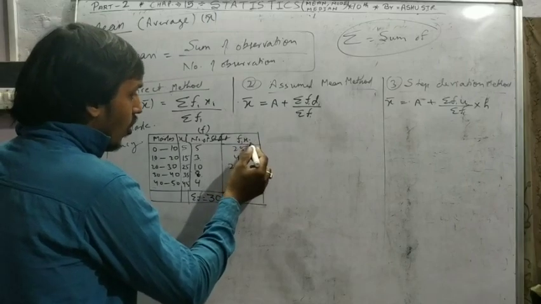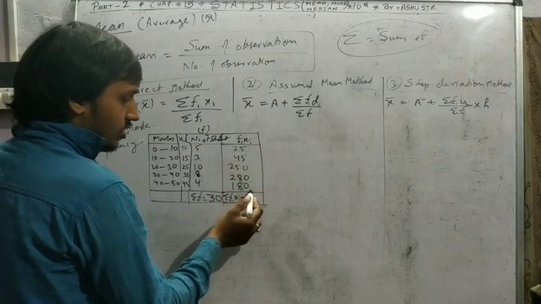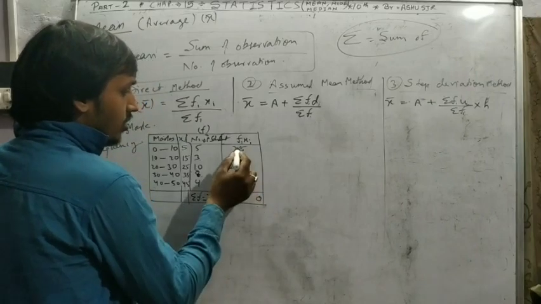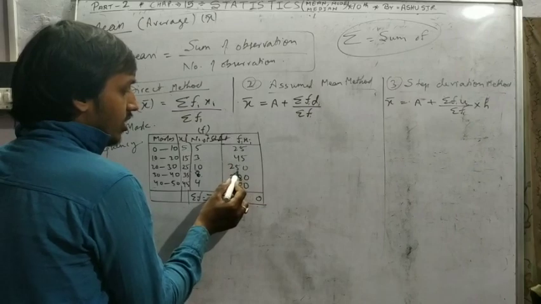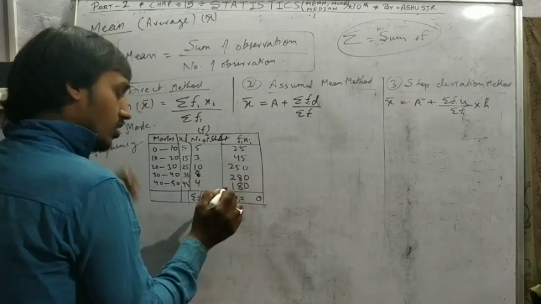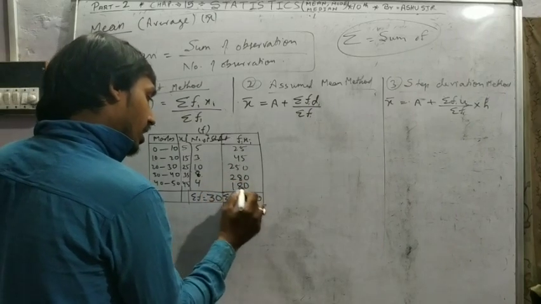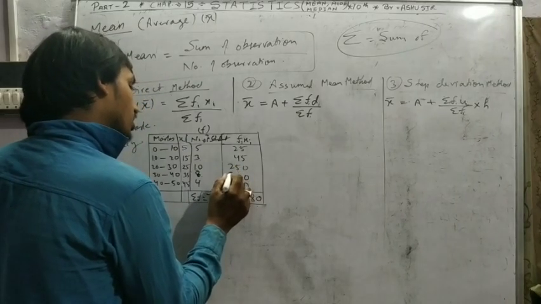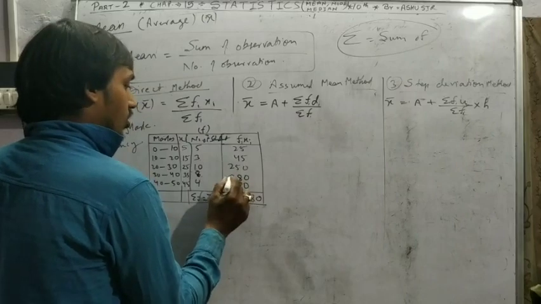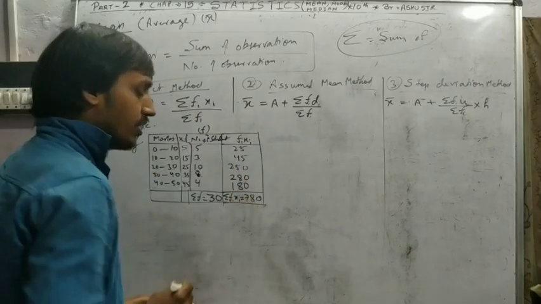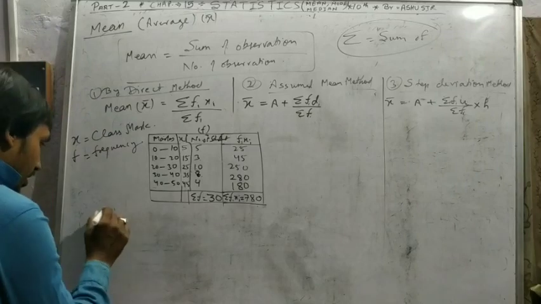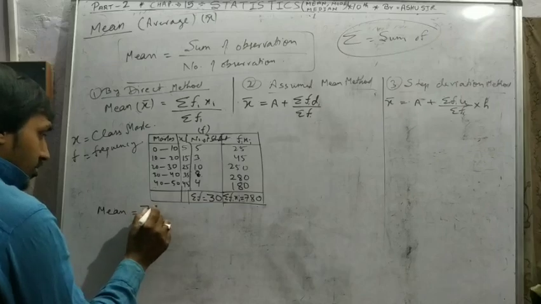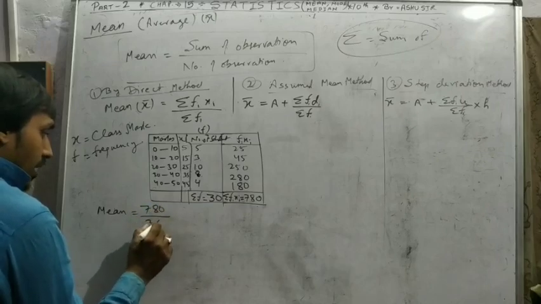Now summation of fx, the sum of all products: 25 plus 45 plus 250 plus 280 plus 180 gives 780. So we find the mean: mean equals summation of fx, 780, by 30.